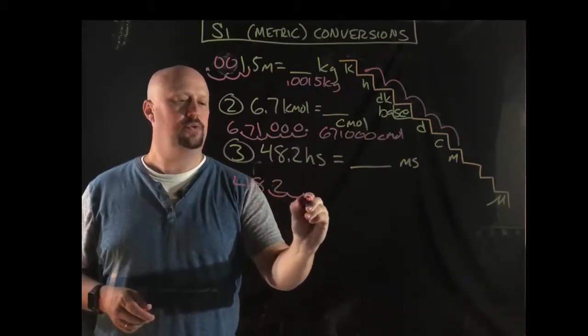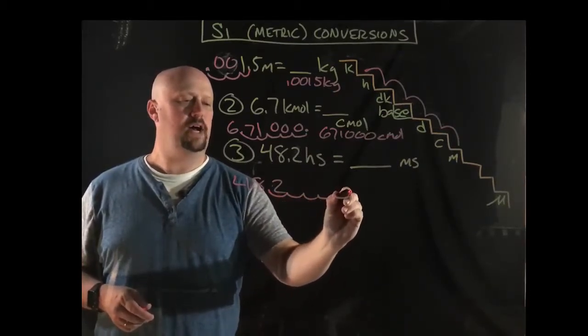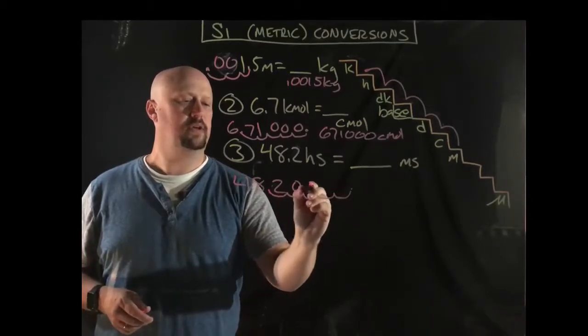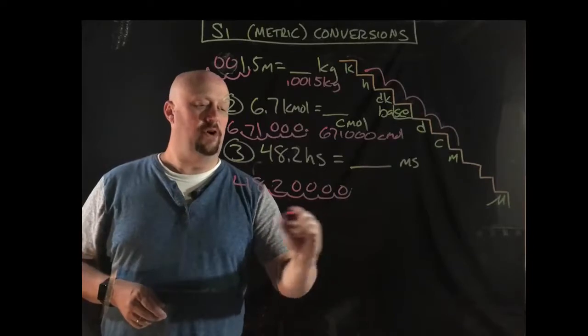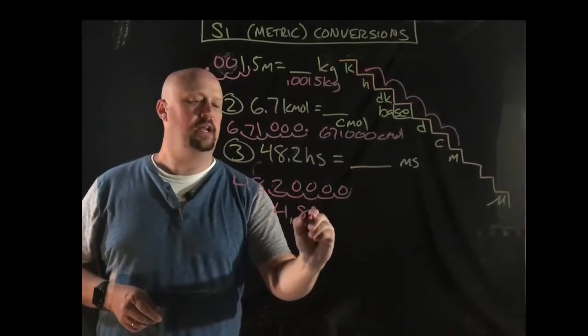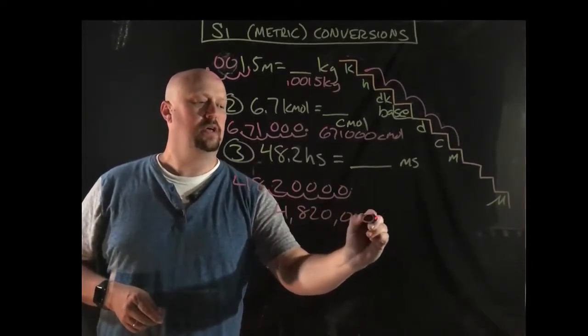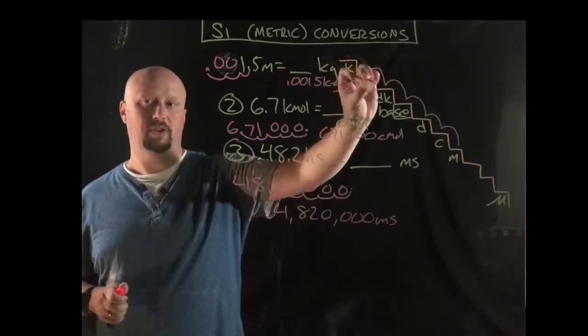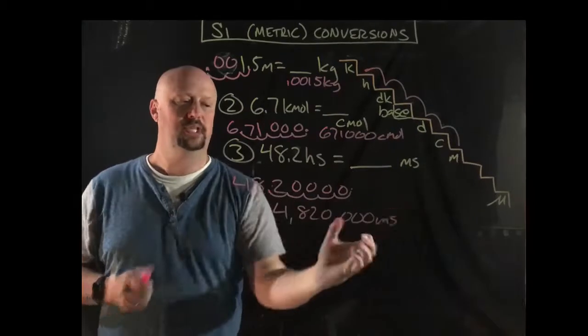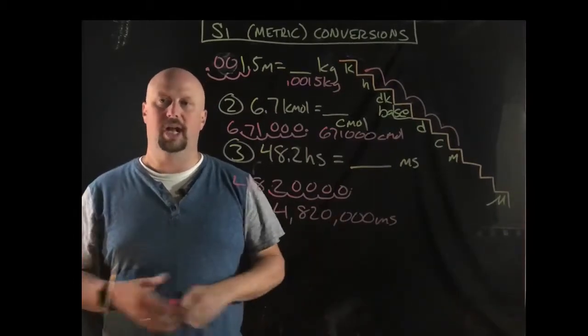Put my decimal point, fill in my zeros, and what we've got for our answer is 4,820,000 milliseconds. Again, seems like a lot, but we went from a fairly large prefix down to a really small one, so we're going to get a much larger number out of that.